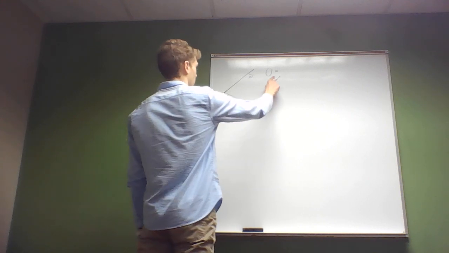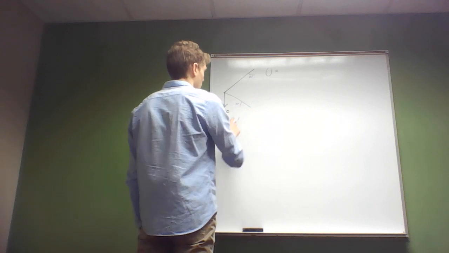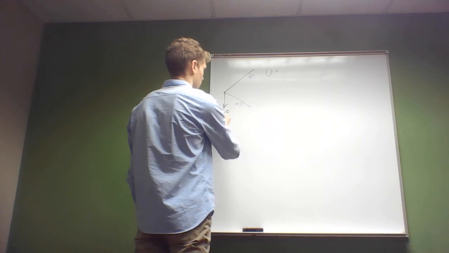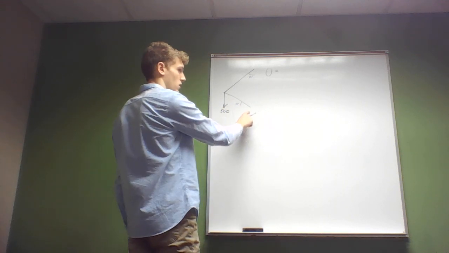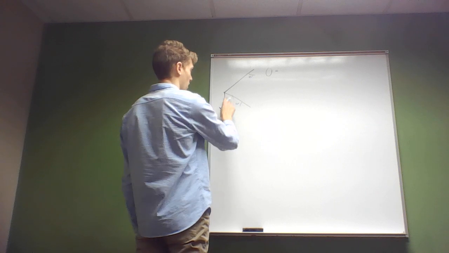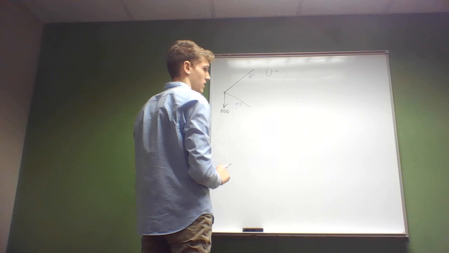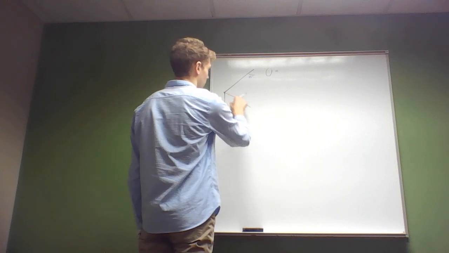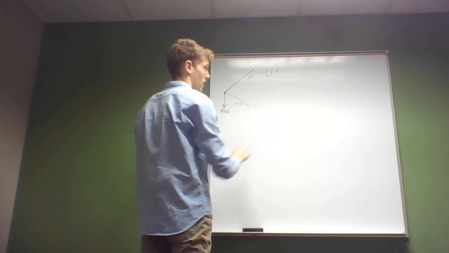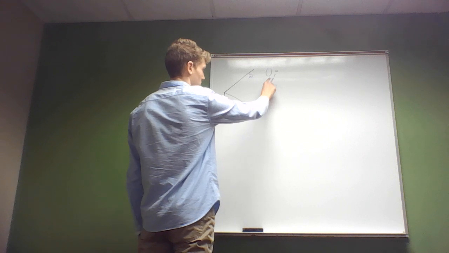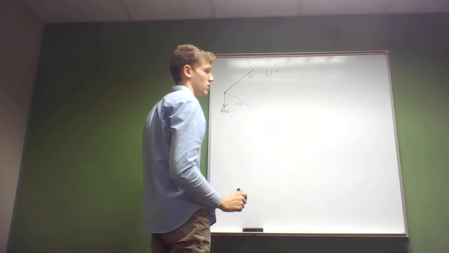So the first thing I did was find the x forces. Ignore the 500 for now, because you're trying to find this magnitude, and you're going to set these equal to each other.